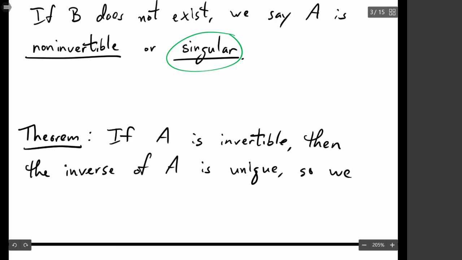So we call it A inverse. This is the important thing here. In order to give this thing a proper name, we need to know that there's only one of them. So how do we do that?